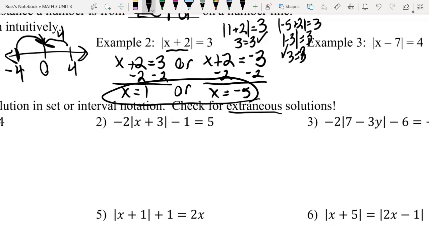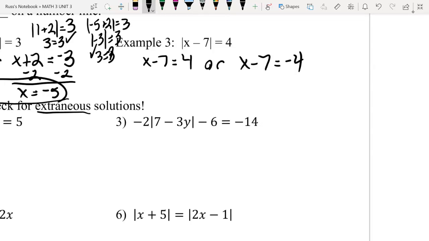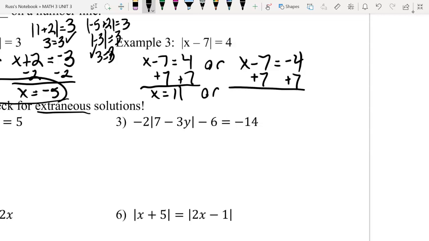Okay, so what about the next one? We have the absolute value of x minus 7 equals 4. So x minus 7 could equal 4, or x minus 7 could equal negative 4. Then I solve: plus 7 on both sides, x could be 11, or x could be 3.